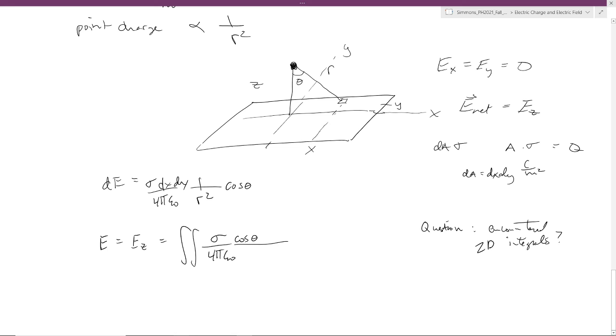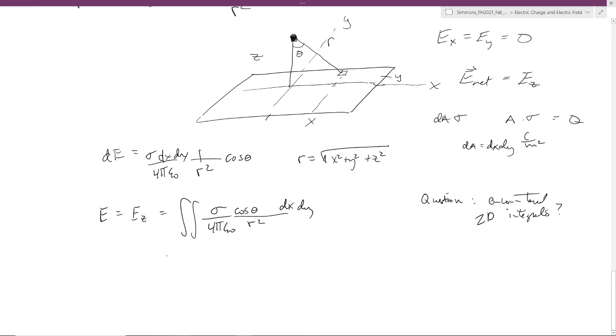Now this brings up, what is r going to be? Well, when we had this before, it would just be x squared plus y squared, square root. Now in this case, since we have another dimension, r would be the x piece squared plus the y piece squared plus the z piece squared. So we're going to make use of that piece of information. And then we can also rewrite our cosine in terms of this.